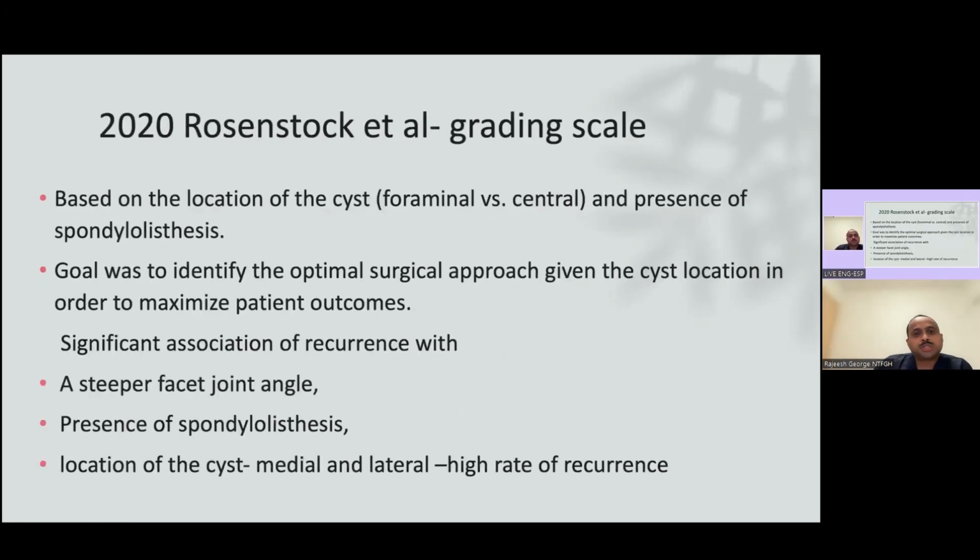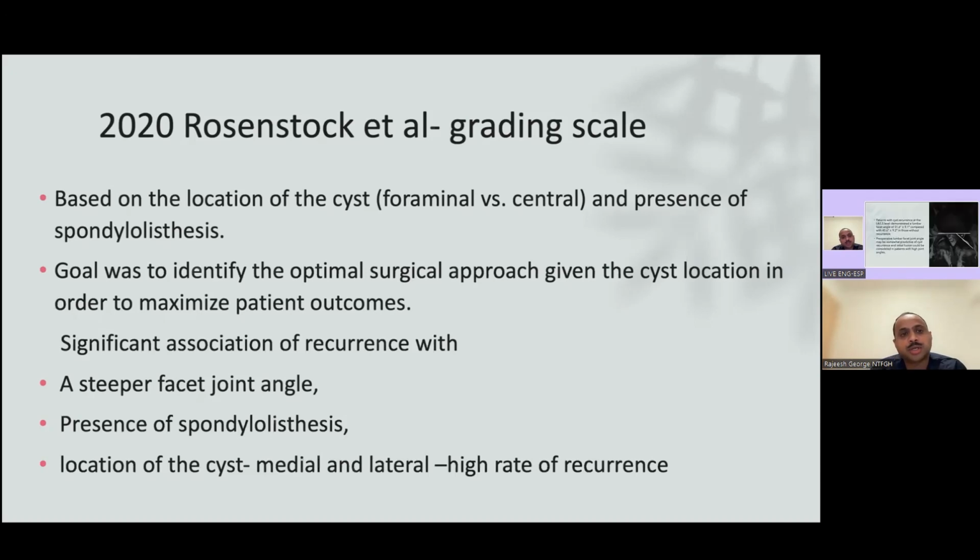The Rosenstock grading scale, like I said, is based on the location of your cyst. What they found in their study is that recurrence is associated with steeper facet joint angle, presence of spondylolisthesis, and even the location of the cyst.